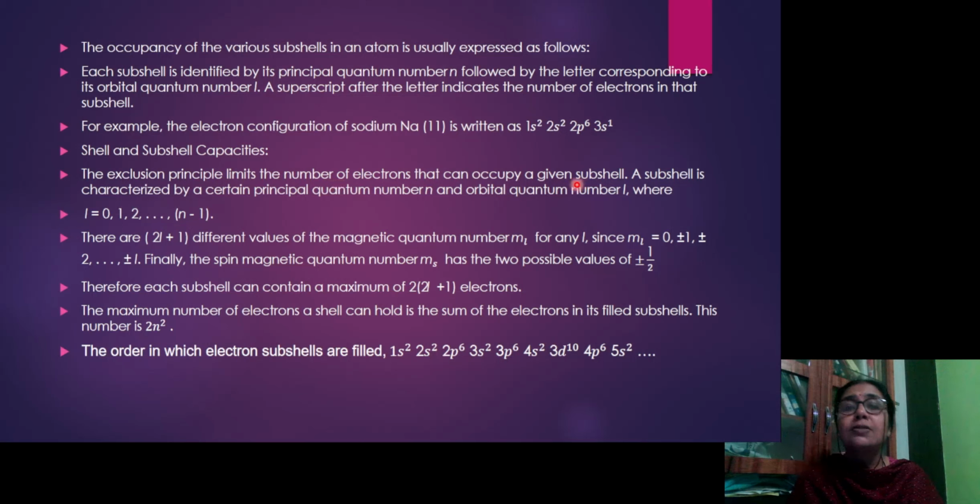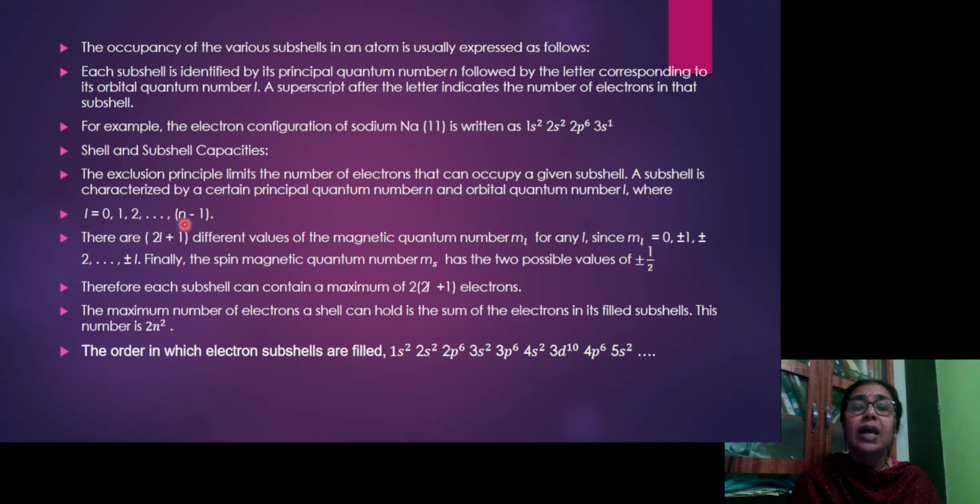A subshell is characterized by a certain principal quantum number n and orbital quantum number L, where L can take values from 0, 1, 2 up to n minus 1.